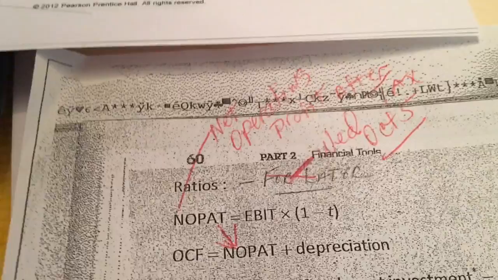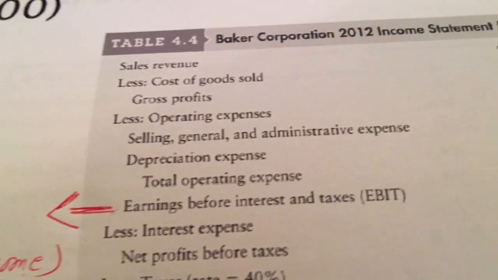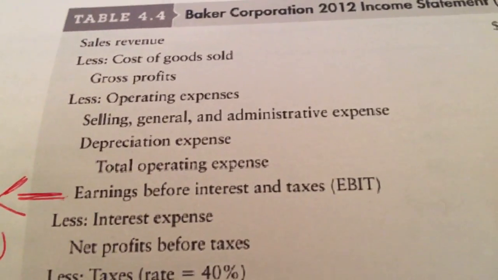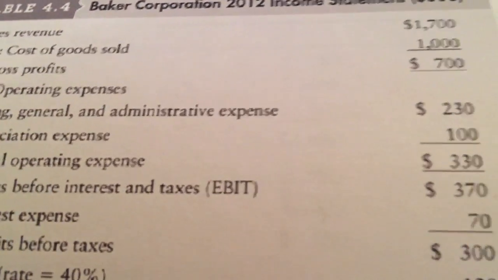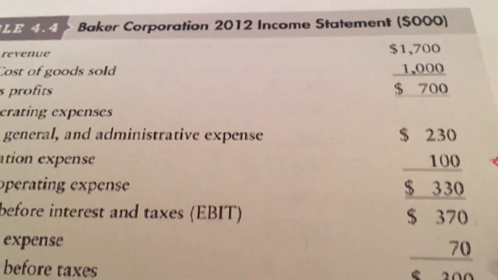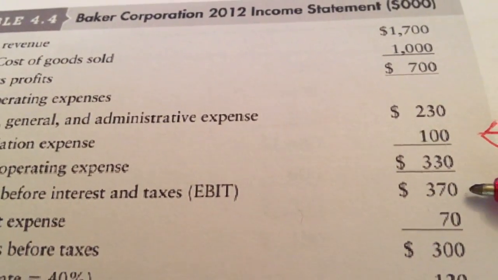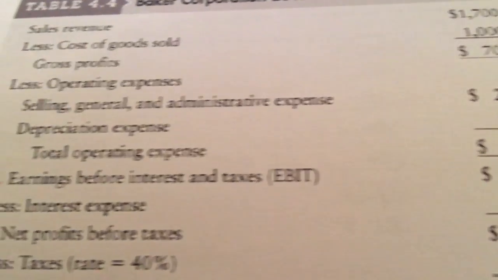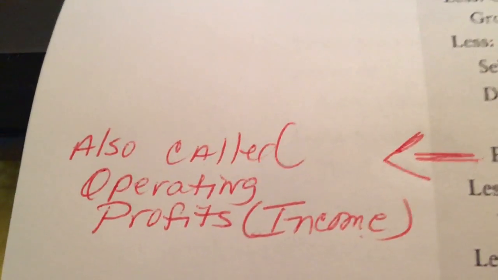This is also called operating profits. So come to the income statement, and it tells you earnings before interest and taxes. This is what has been earned in the company before you pull out your interest that has to be paid to the bank and your taxes. But it's also called operating profits.